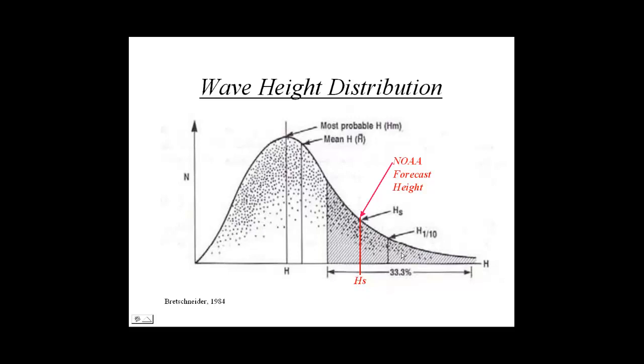And this gray area here is 1/3 of all the waves in this distribution. And the significant wave height is the average of all of these wave heights. Okay? So here is HS as reported by NOAA.